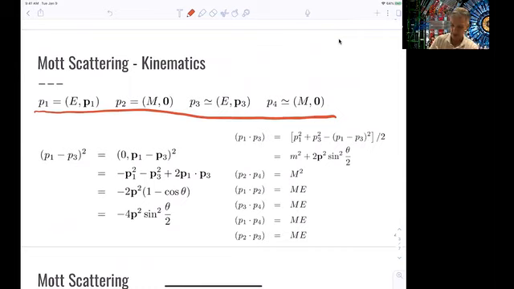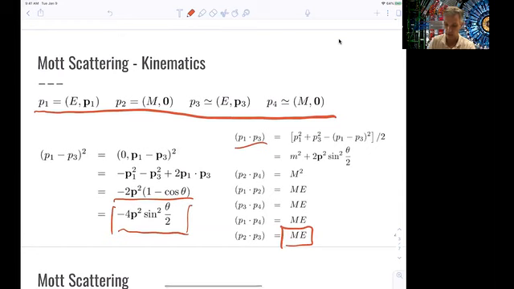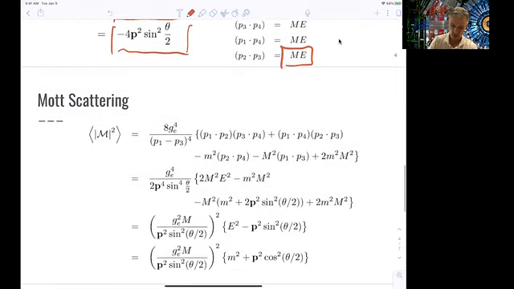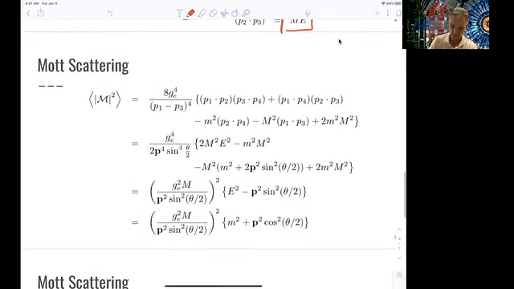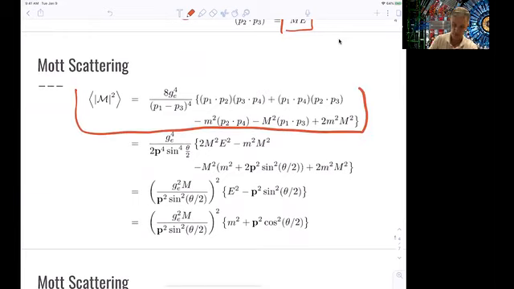You find that many of the factors simplify: p2 times p3 is m e, and so are many of the others. There are a few important factors. For example, (p1 minus p3) squared is minus 4 p squared sine squared theta half, and similarly for p1 times p3.